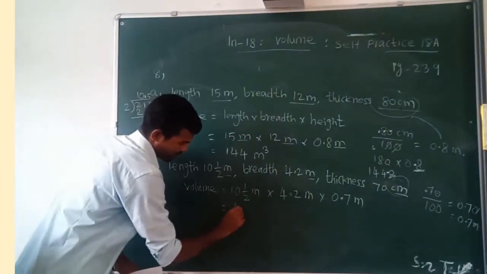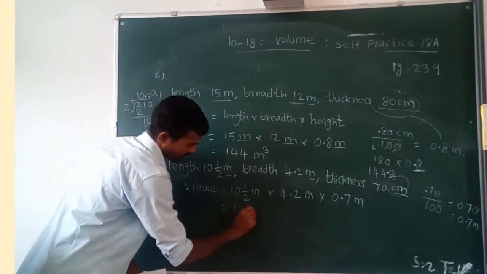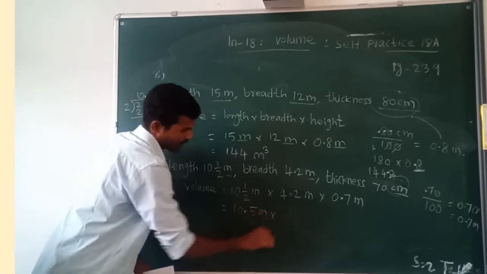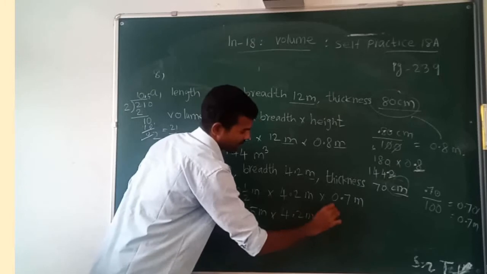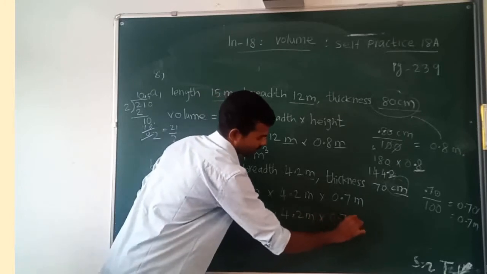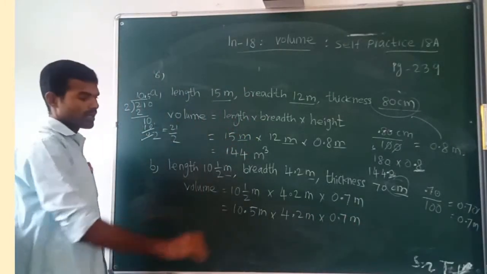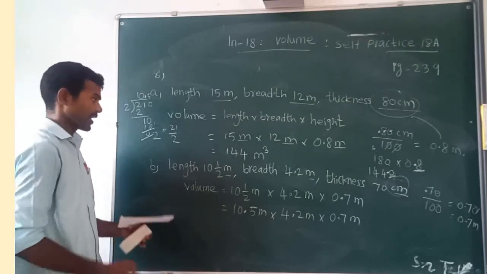10.5 meter multiply 4.2 meter multiply 0.7 meter. Now all three numbers multiply, that is the answer.